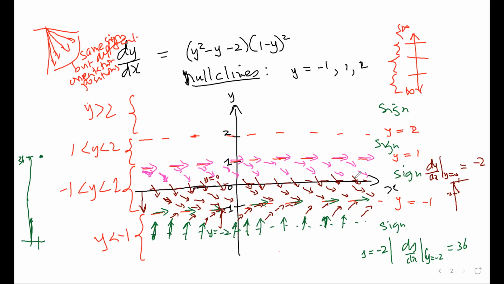And then let's go in there and put y equals 3/2. So we know now that along the nullclines we have orientation 0. If you put y equals 3/2, what are you going to get?